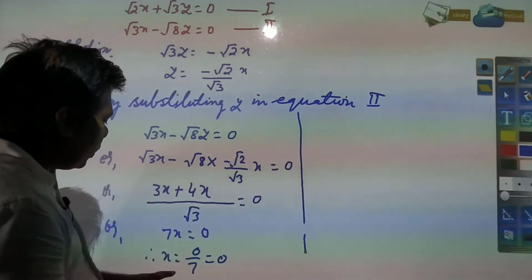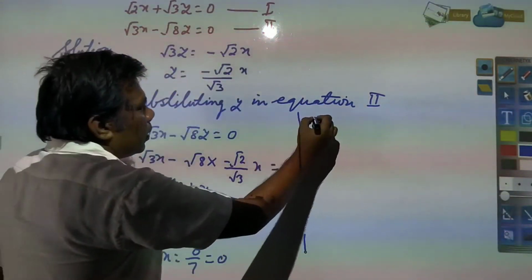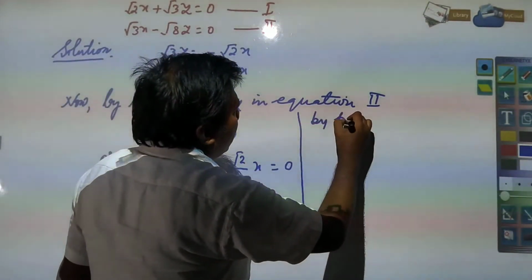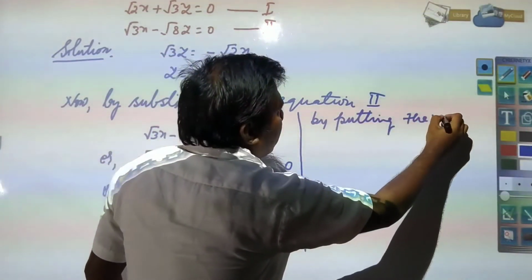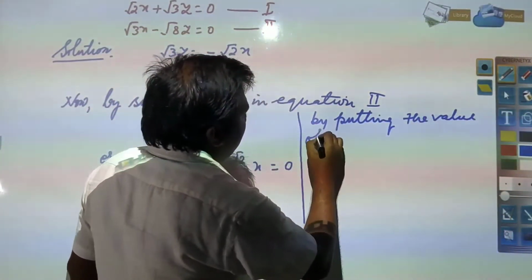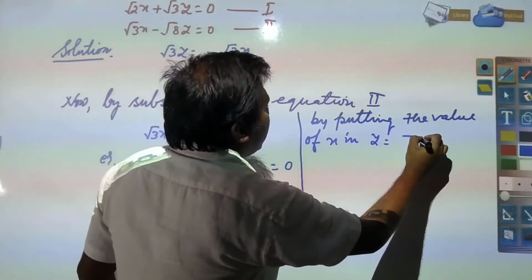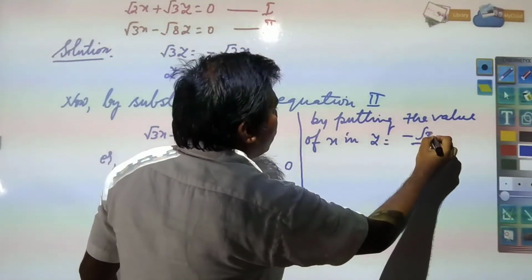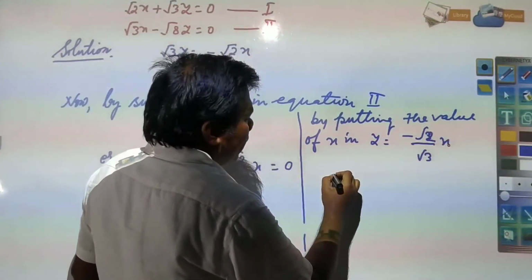Now you put the value of x here, by putting the value of x in y is equal to minus root 2 by root 3 x. What will we get?